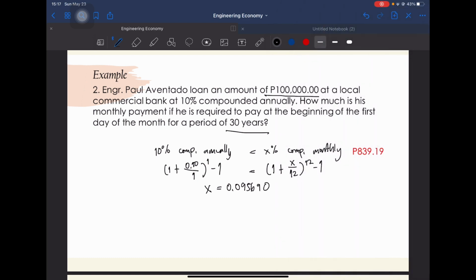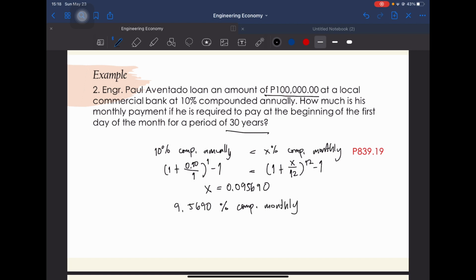Or you have to use the interest rate 9.5690 percent compounded monthly.